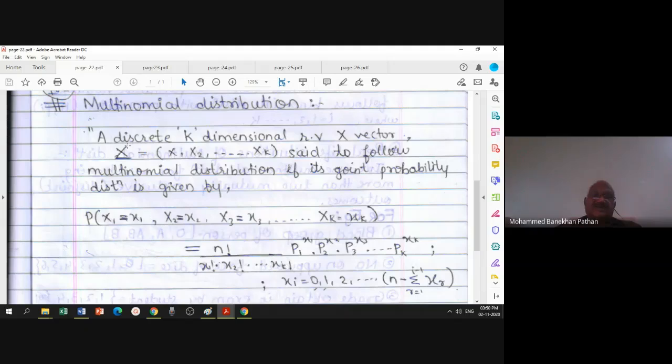But in statistics, if I put a bar on the top, it has another meaning, and that is the mean, the average. To overcome this difficulty, we put the bar at the bottom. So I read x vector equal to (x1, x2, ..., xk). That means the x vector has k components, k elements. So there are k variables. K-dimensional means there are k variables.